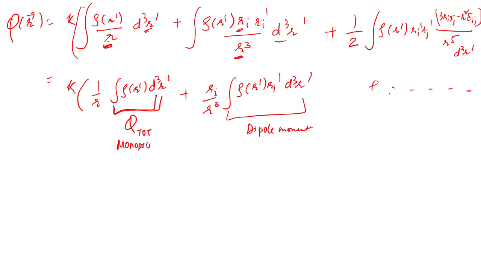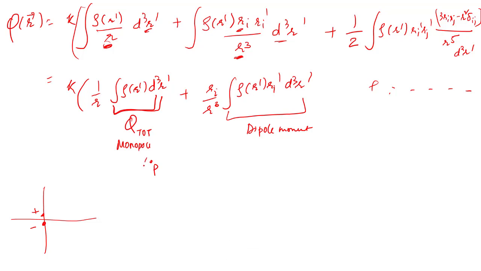So what this is doing is, for example, if you have a positive charge and a negative charge around the origin, and you're looking at a point P which is very, very far away.